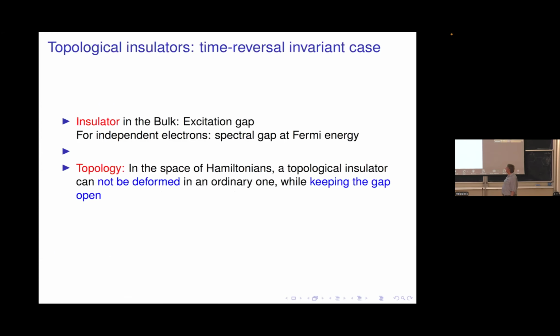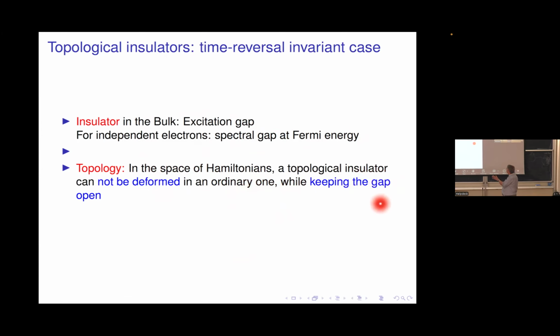So, what is time reversal all about? Again, first for topological insulators: they are insulating in the bulk with respect to the Fermi energy. The idea of topology is that you can deform things, but some quantities, like this Chern number from just before, do not change as long as you keep the gap open.